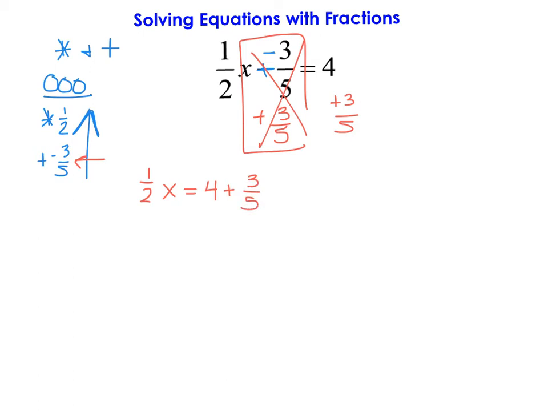So what we need to do before we move on to the next step is we need to simplify the right-hand side of this equation here. So what we're going to do is we're going to add these together, and we're going to turn 4 into a fraction. So it becomes 4/1 plus 3/5. I then need to have common denominators in order to add these fractions together. So I'm going to multiply this first fraction by 5 in both the numerator and the denominator.